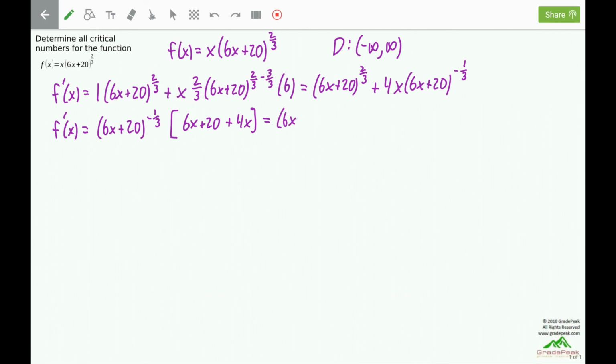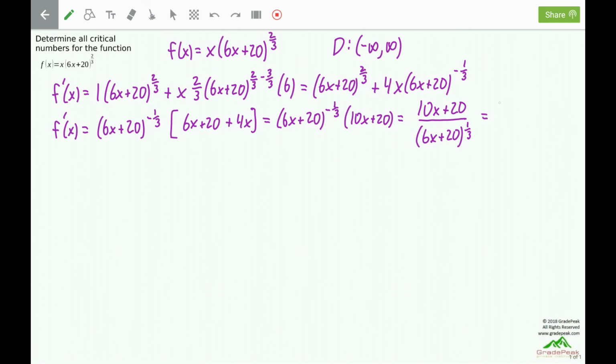So we have a (6x plus 20) to the negative 1/3, and in the square brackets we can add the 6x and the 4x. That'll become a 10x plus 20. Negative powers could be moved to the denominator to become positive powers, so the 10x plus 20 will stay in the numerator, and the denominator will now become a (6x plus 20) to the positive 1/3 power.